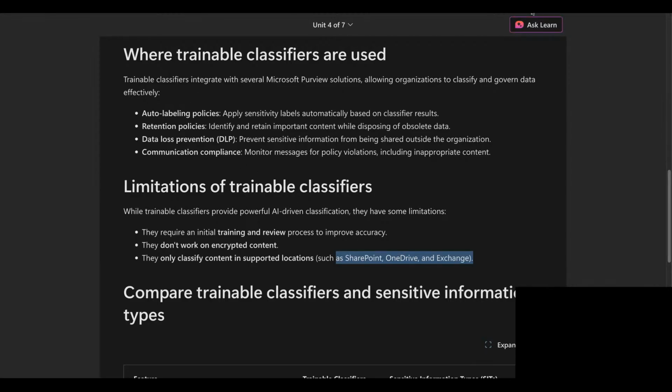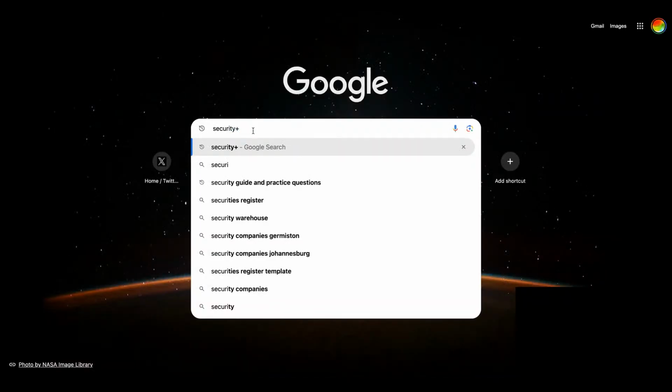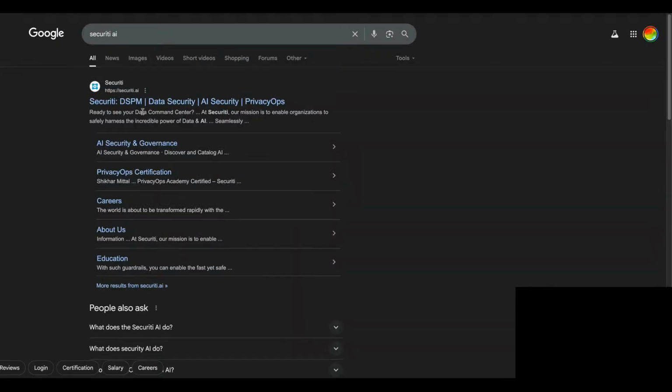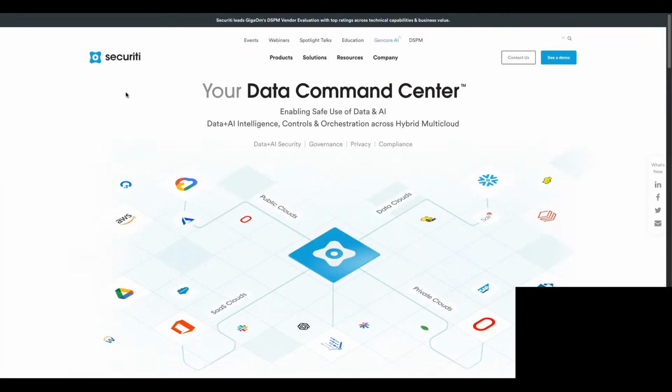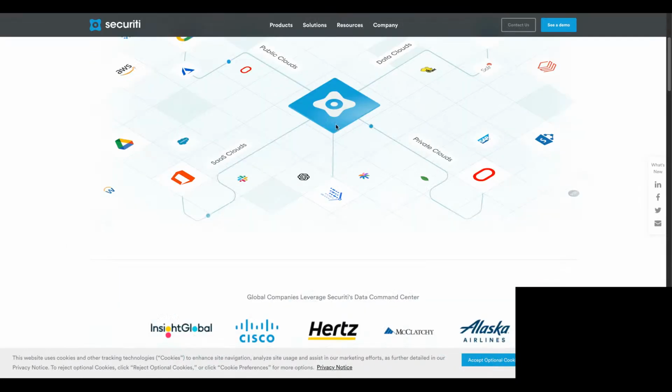There are other companies like this one, Security AI. I'm going to share my screen. This one is something that I'm currently reviewing.